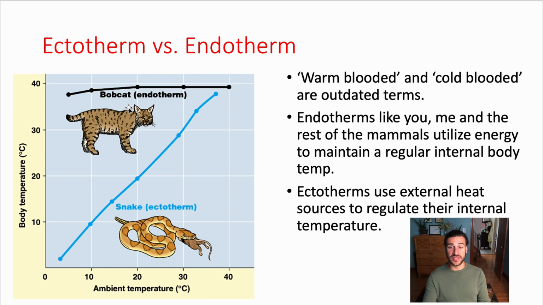However, endotherms are organisms that create heat from the inside. Some of you might have heard warm-blooded versus cold-blooded, and these are outdated terms, right? Because snakes have warm blood when they bask in the sun and warm up their blood. So I like to use the terms endotherm and ectotherm. Now, there is a downside to endotherms, and that is the energy heating your body up requires.